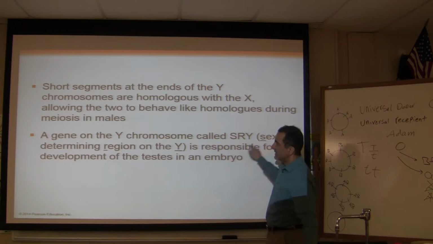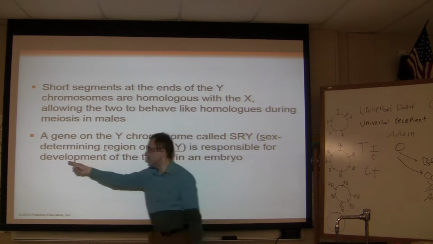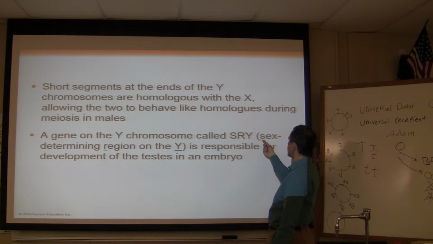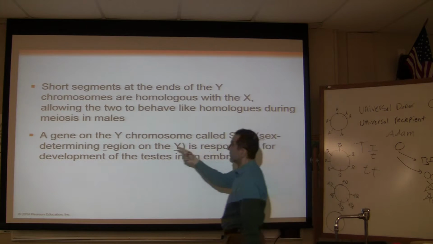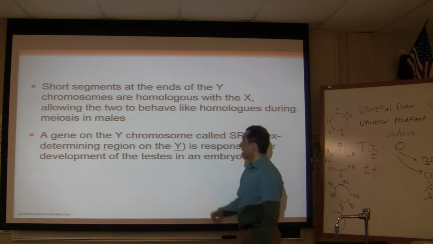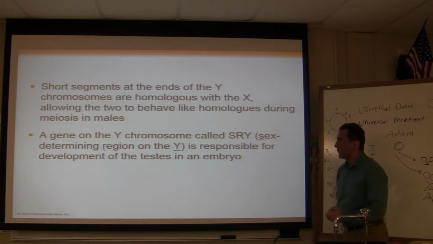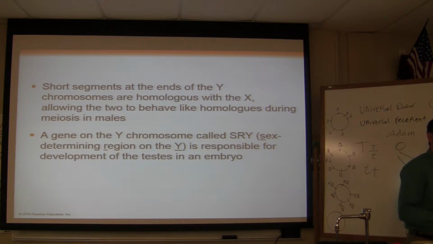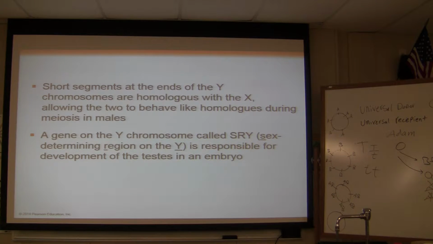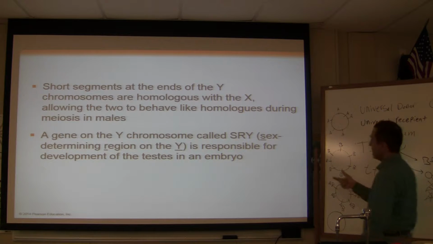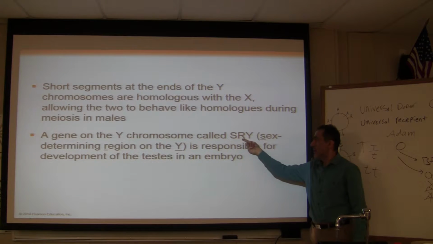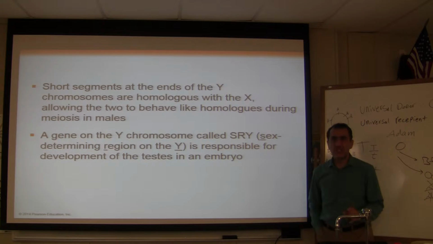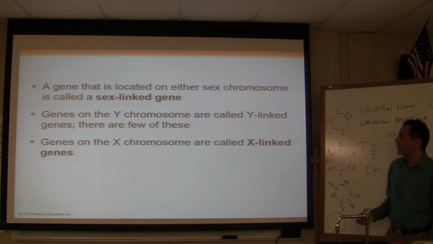It means sex-determining region Y. It is responsible for development of the testes in an embryo. The reason that we are males is because we have this gene, and the females do not have the SRY gene. Just one gene determines the sex of the organism.